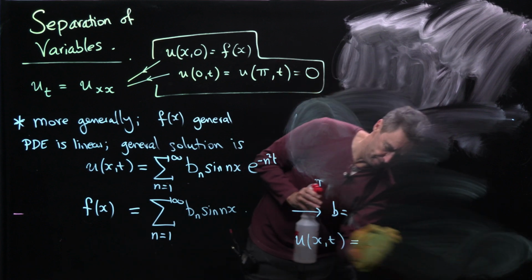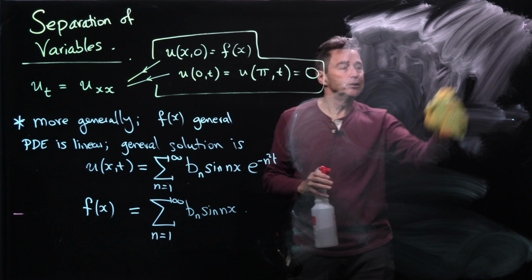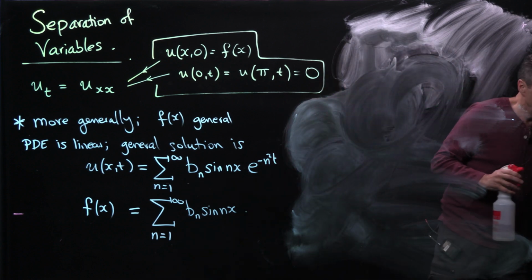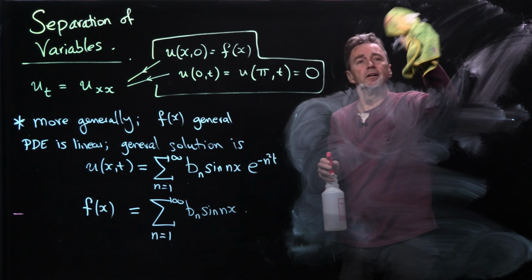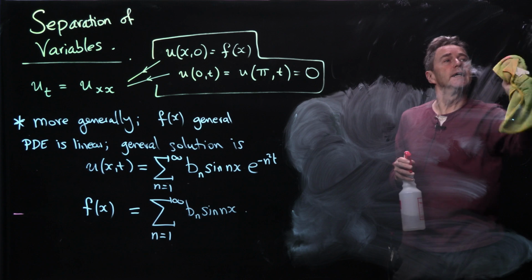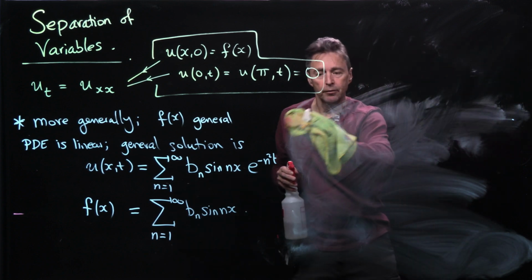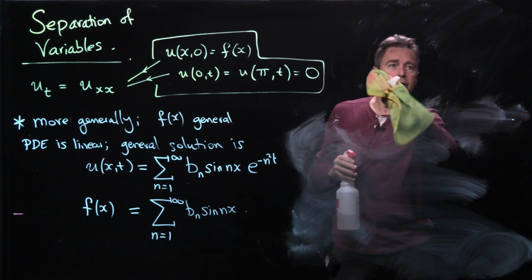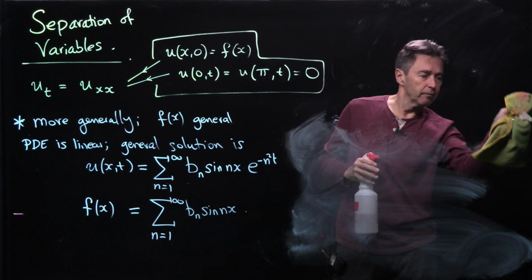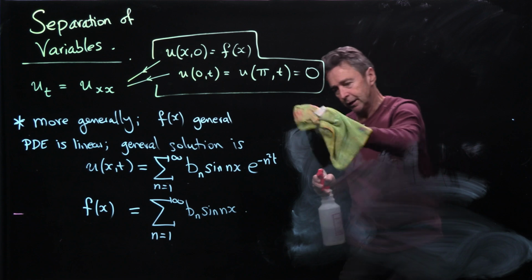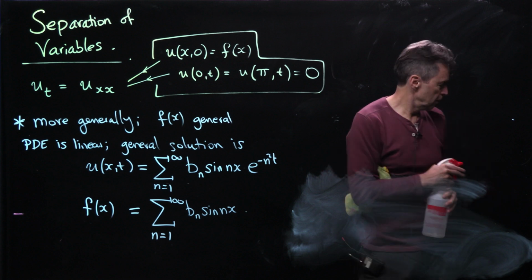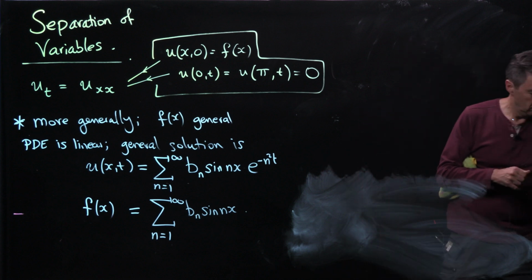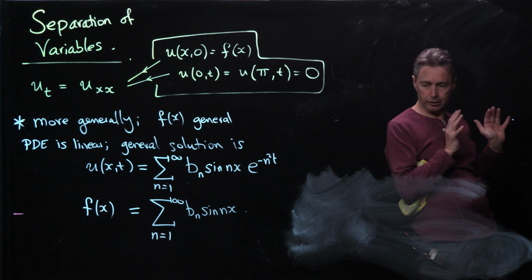So how can we proceed? I've mentioned Fourier series, so let's remind ourselves about Fourier series. It wasn't that long ago, fortunately. If I have a periodic function, I have the following information. What color should I use?